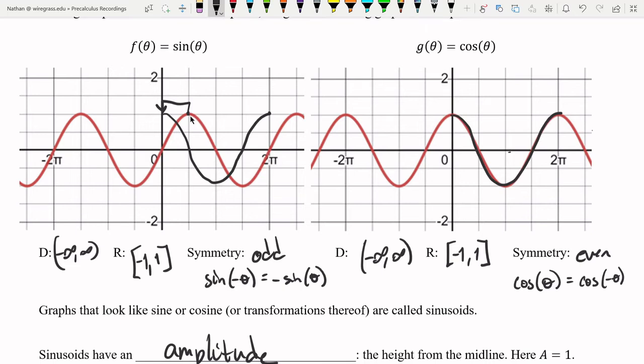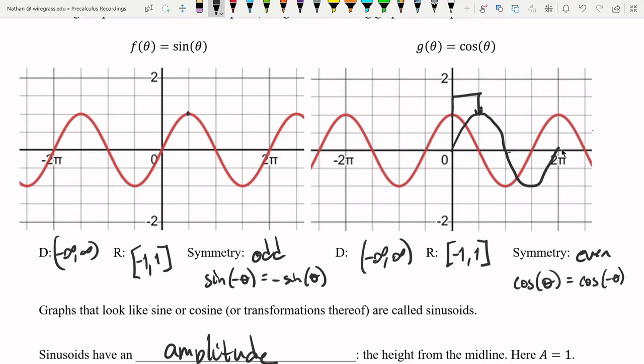Which means that if I just phase shift sine backwards by, this distance here is pi over 2 or 90 degrees, I get cosine. And the same thing is true the other way. If I take cosine, I take this point and I move it forward by pi over 2, then I get, say, up, then down, then up.